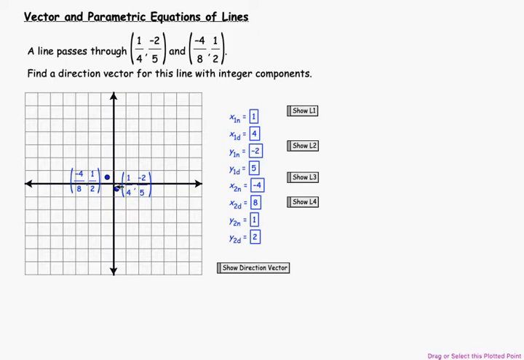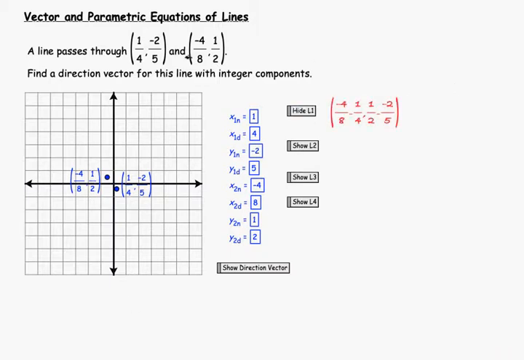If I want this to be the tail, then I'm going to imagine sliding that to the origin, and I will need to take away 1/4 from this, and add 2/5 to that. If I want to shift the other point to the origin, then I would add 4/8 and subtract 1/2. So you can make a decision as to which way you want to do it.